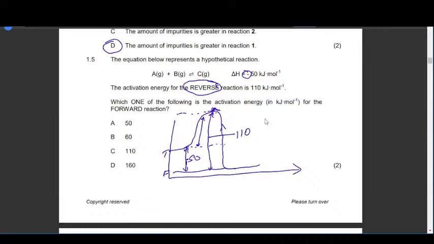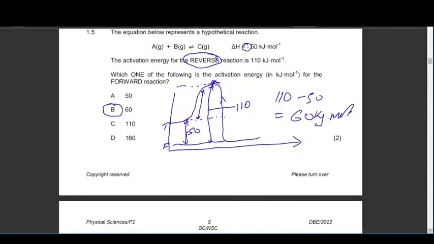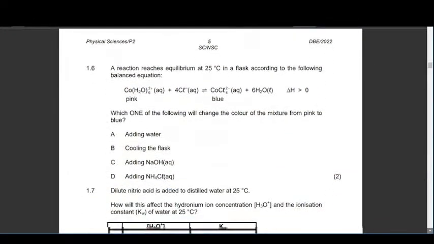So if I have 110 minus 50, what is the remaining balance? The answer becomes 60 kilojoules per mole. So I come here and I look for that 60. So it becomes B. So that is the activation energy for the forward reaction.